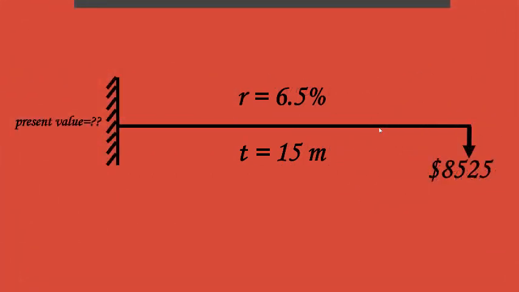This is the timeline. The future value here equals $8,525. We need to get the present value now. The total time equals 15 months with 6.5%.